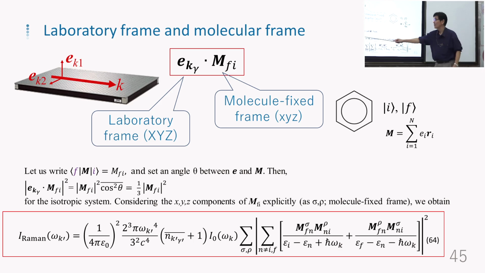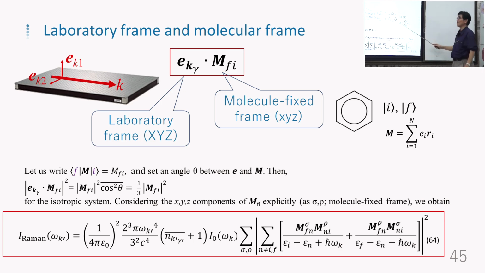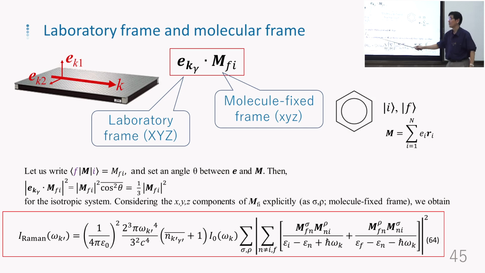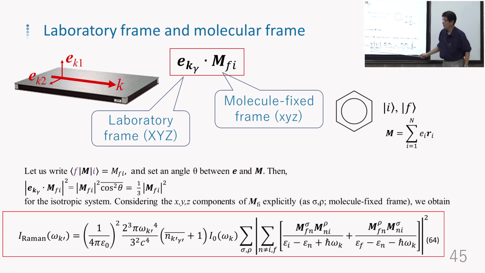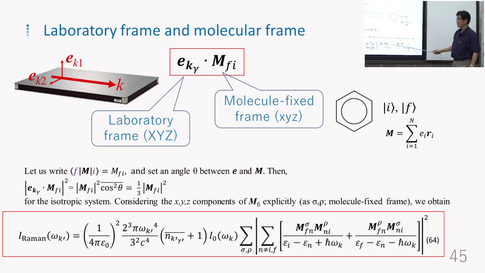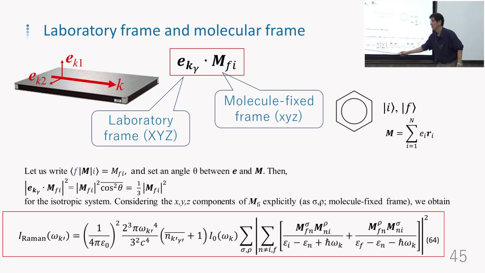And M_FI that is defined in the molecular fixed frame is used as it is in the laboratory frame because it already takes account of the spatial averaging. Okay, so M_FI is used as it is with the term of the spatial averaging, and Raman intensity is calculated from this equation.